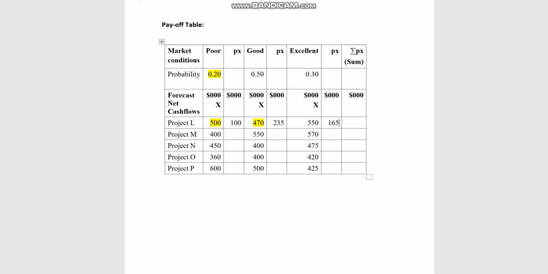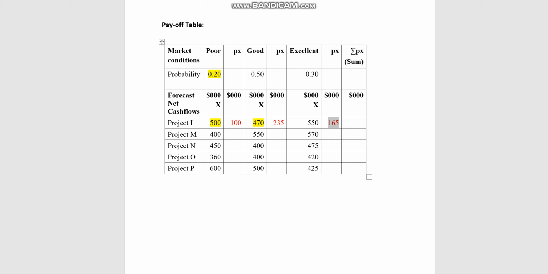And now we are going to do the sum of Px, which is simply 100 plus 235 plus 165.